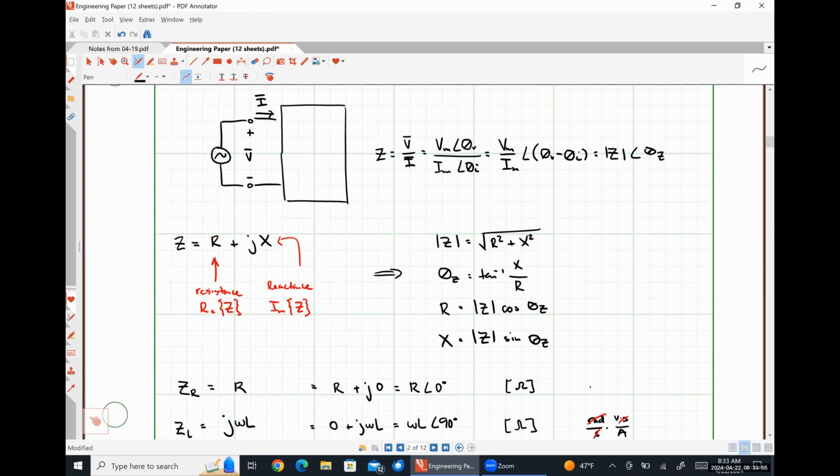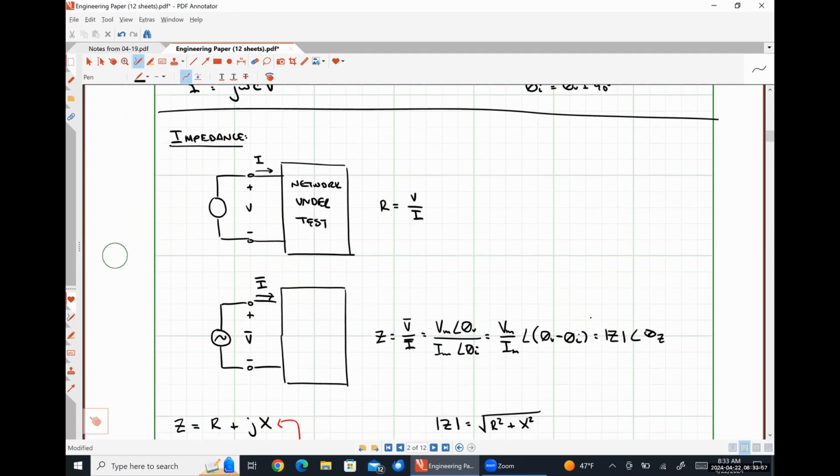All right, so let's talk about something arguably new. So I'm going to come back up to this diagram right here. In a DC network, we define the resistance to be the ratio of the voltage divided by the current, right? Well, you could also define a ratio of the current divided by the voltage as what's called conductance.